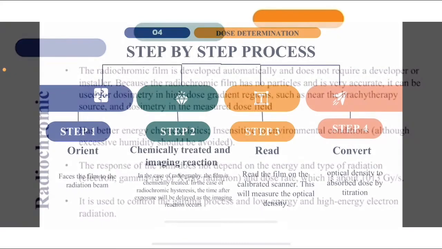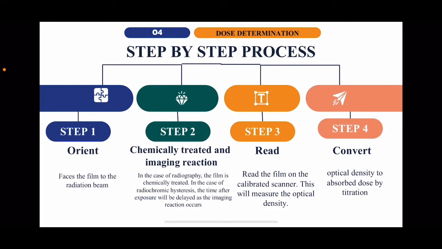Now, dose determination. Step by step process. Step 1, orient and focus the film to the radiation beam. Then chemically treat it and allow the imaging reaction. In the case of radiography, the film is chemically treated.